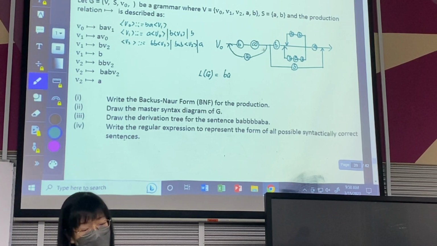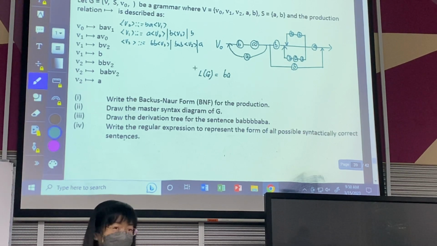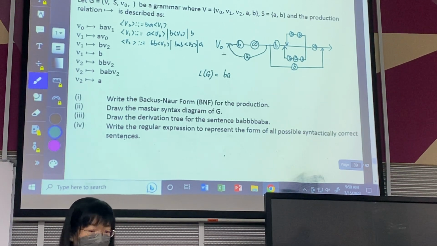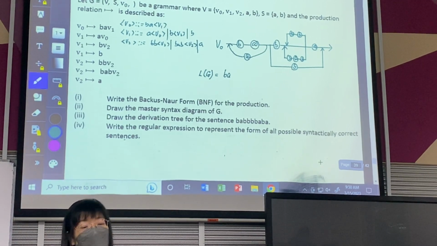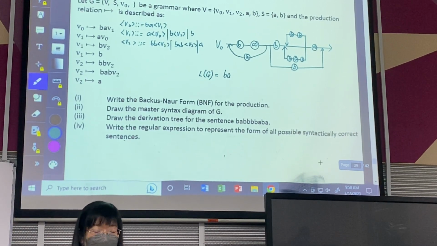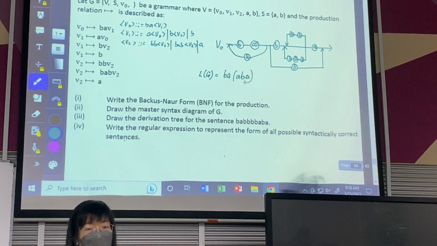What happened after the A looks back? If I look back at the A, I need to go through the BA again or not? Yes, right? So once I look at the A again, I need to have B, A. B, A. Correct or not?